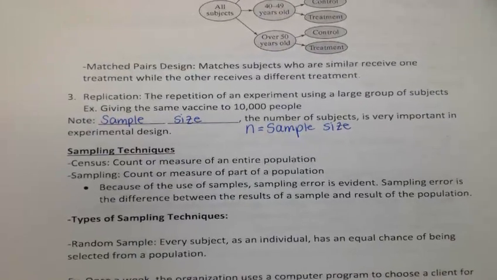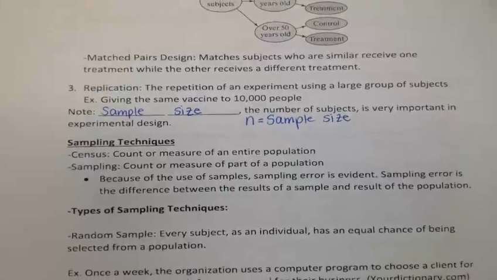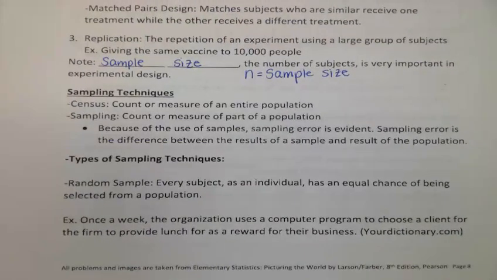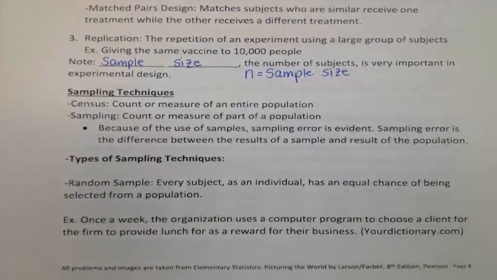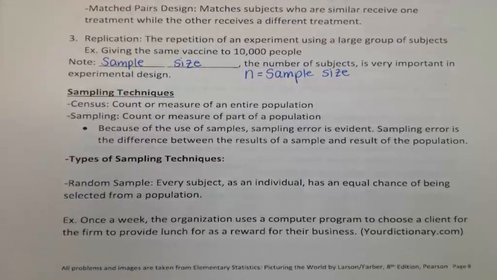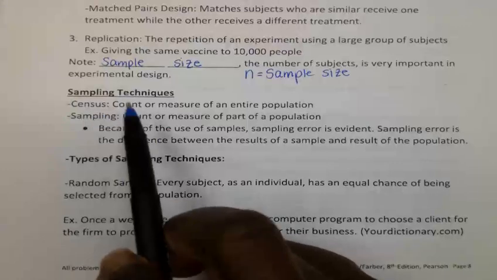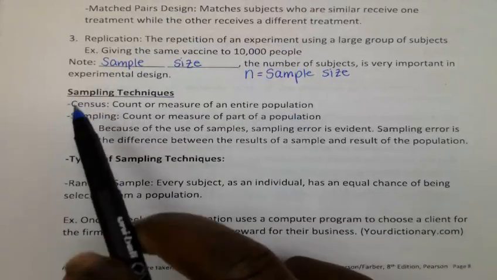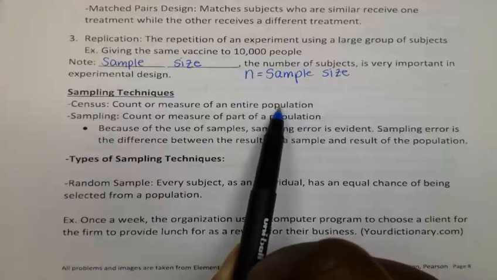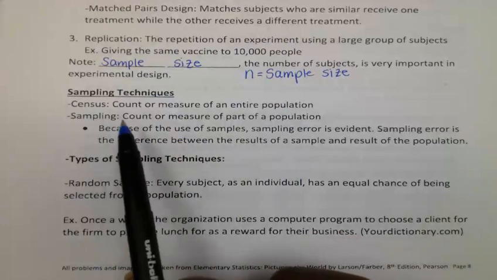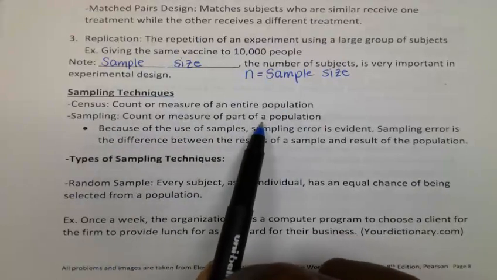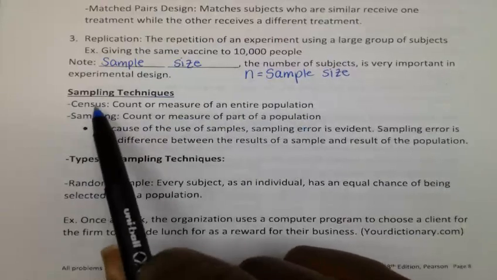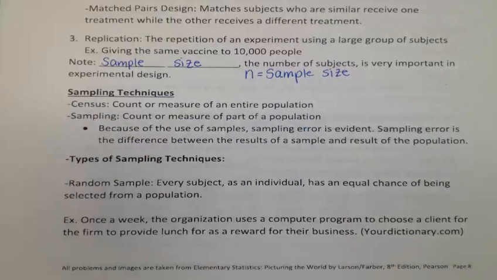All right. Last part of this section: sampling techniques. Two sampling techniques that we see: one is the census. This is the count or measure of an entire population. So census deals with population. Sampling is a count or measure of a part of a population. So this is the entire population, and this is a sample.